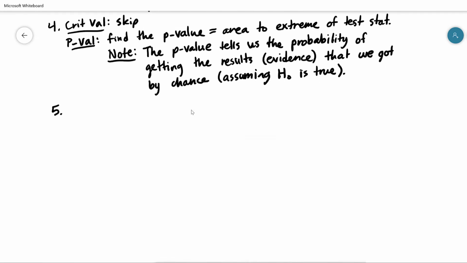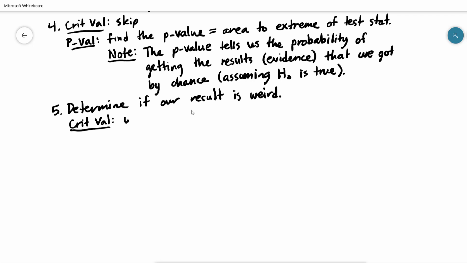Step number 5, same as before. Determine if our result is weird. Again, if we're doing the critical value method, I compare those to t-scores.